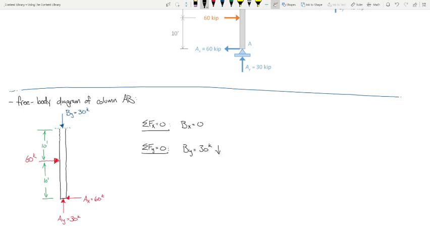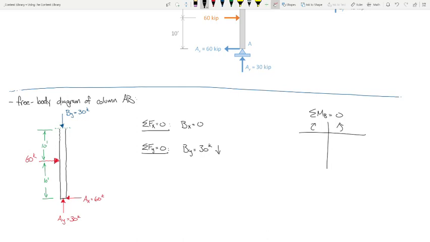And then if we want to be a little bit more scientific about it, maybe we ought to sum the moments at B. Maybe we ought to be a little more formal about this one because we've got a little more going on from a moment standpoint. If I sum the moments at B, I've got 60 times 10 this way, 60 times 20 this way. Does the 30 kip reaction cause any moment? No. Does the By cause any moment?